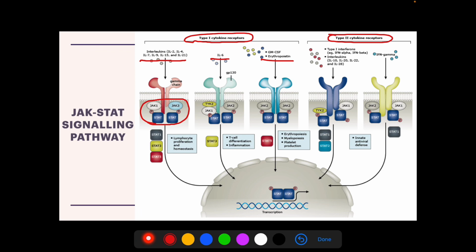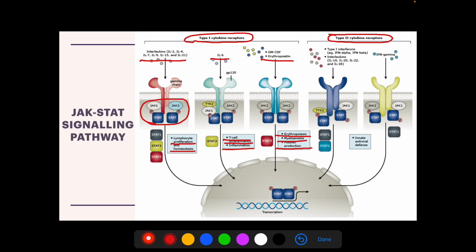This pathway causes lymphocyte proliferation and homeostasis, different T cell differentiation, inflammation, erythropoiesis, myelopoiesis, and platelet production.